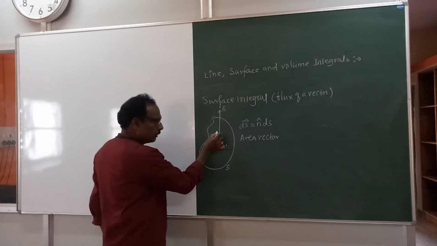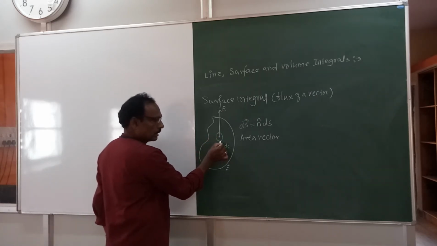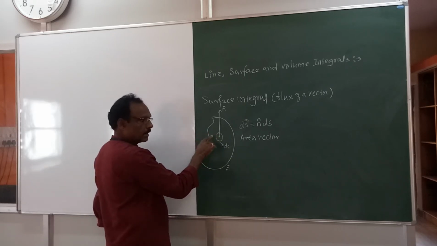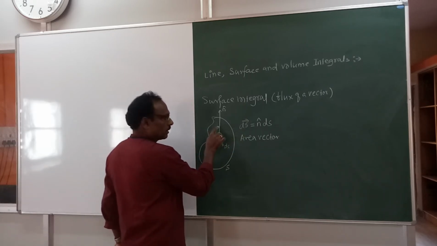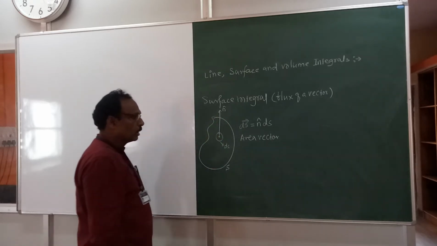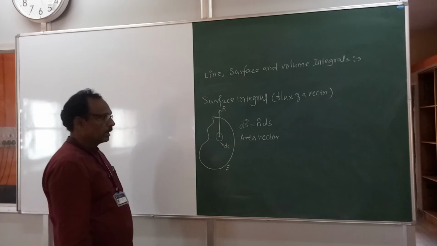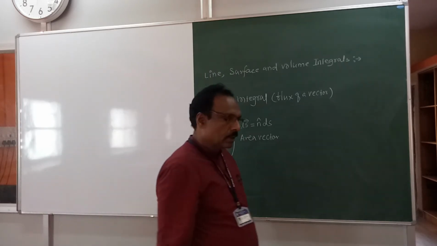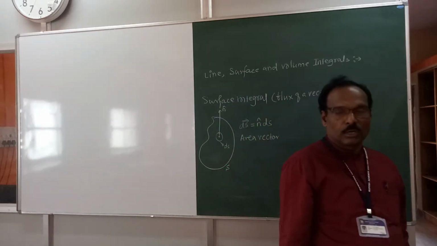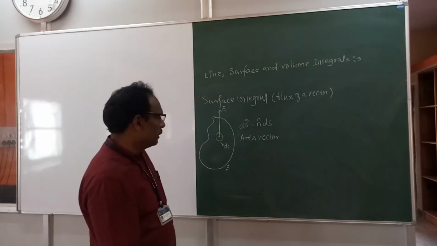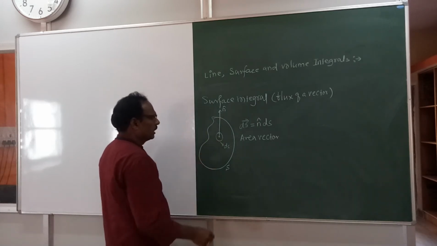Here, the area ds is the magnitude. It works as an area vector, and its direction is along the unit vector. We got this as the area vector. In fact, to be frank, area is a scalar quantity. Many times we convert that area into a vector like this.